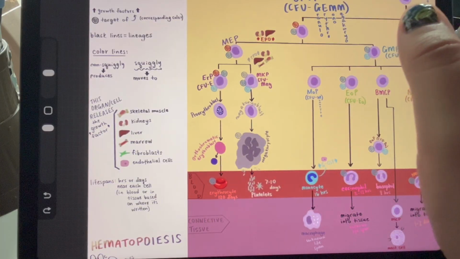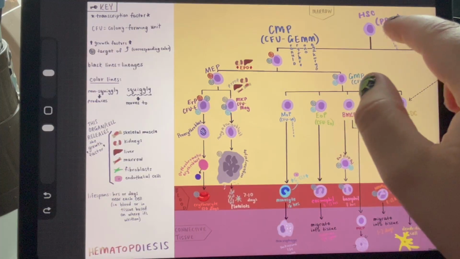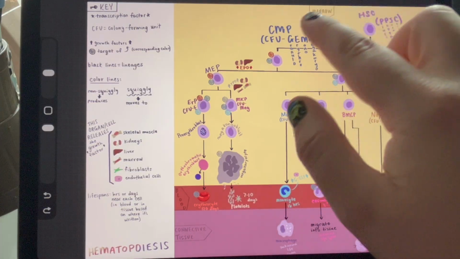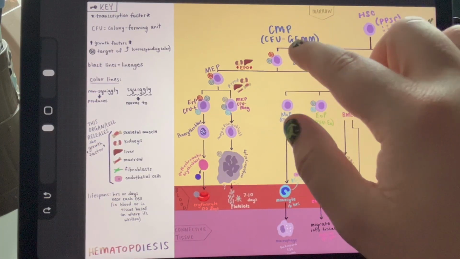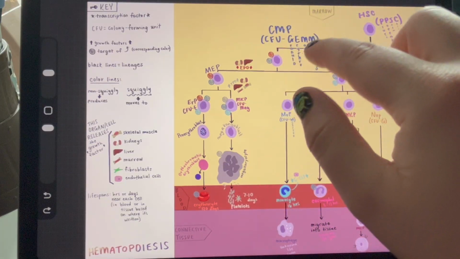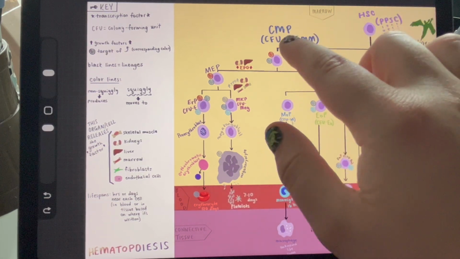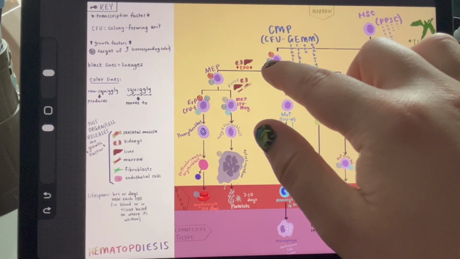So that is the very far left, going from the hematopoietic stem cell to the common myeloid progenitor, colony forming unit granulocyte, erythrocyte, monocyte, megakaryocyte. Okay, that's what that all stands for. So we went down this side of the path.